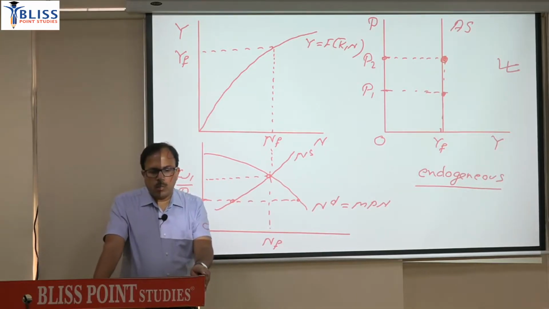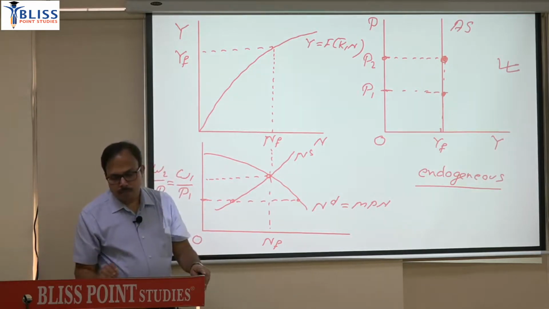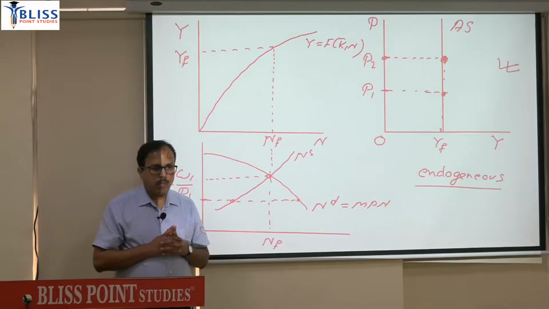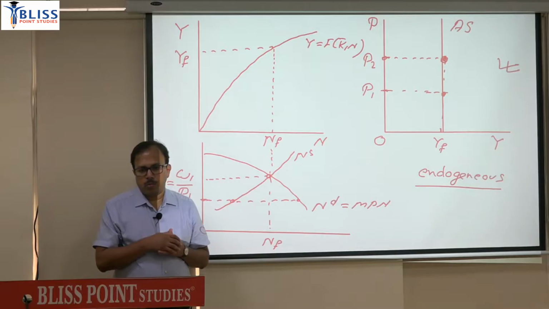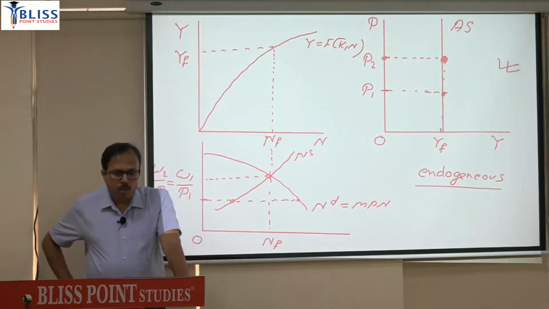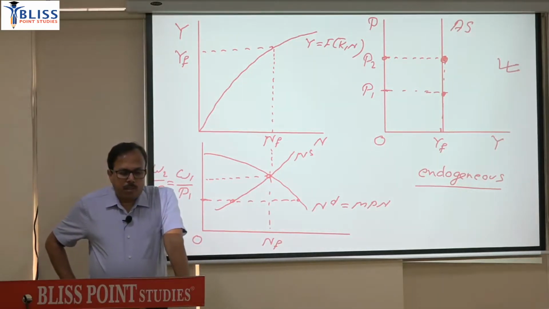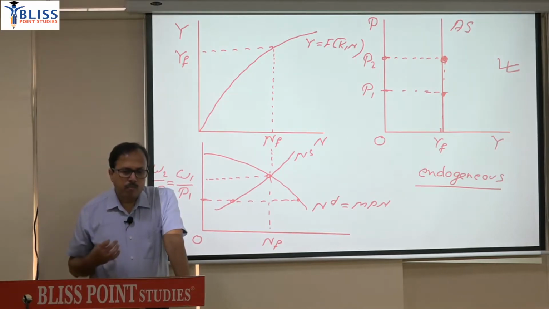Next paragraph. As shown in the above diagram, when the price level increases from P1 to P2, then with given money wage, real wage declines.